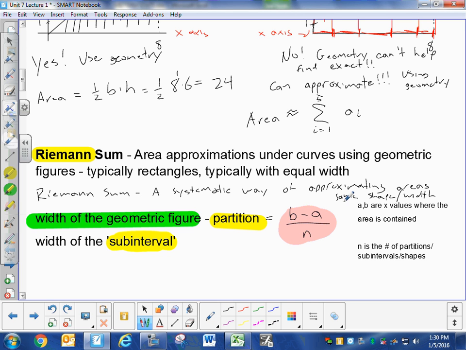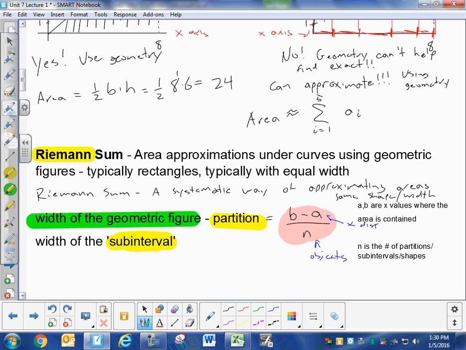B minus A is just going to be the x distance between your two boundaries, and n is your amount of objects, partitions, subintervals, or shapes. Take that, calculate it, and you'll find the width of each shape. Okay?